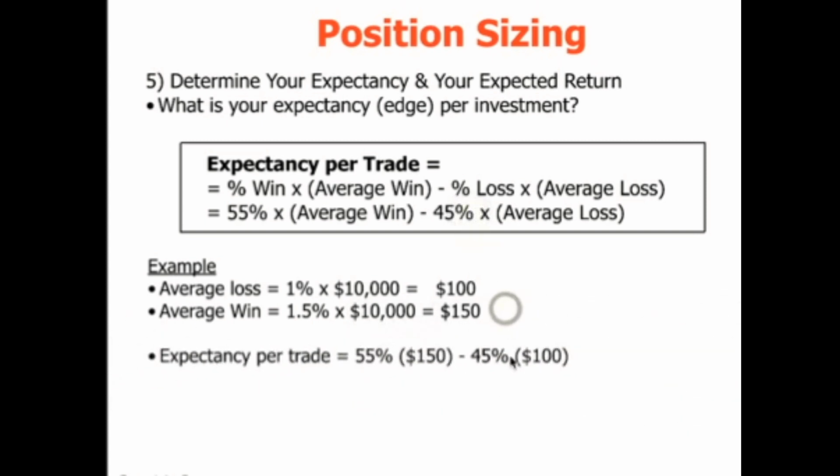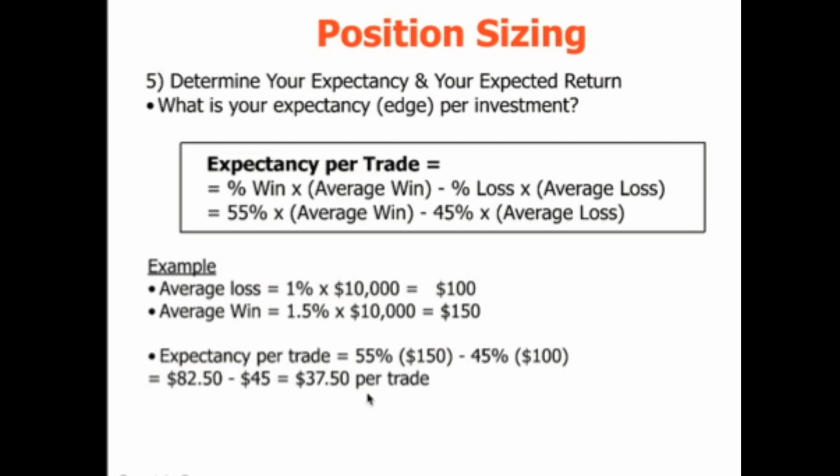So when you do the math based on your win rate, you see that your profit expectancy is 55%, and that is $150. So for every single trade that you risk $100 in, you are making an average of $37.5 per trade.